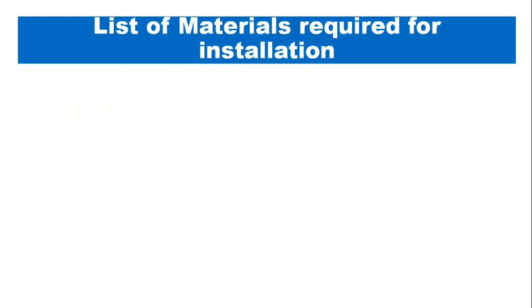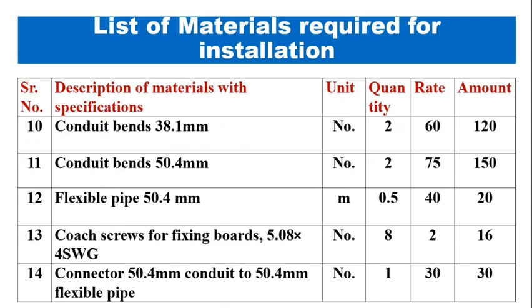Next one is conduit bends. Conduit bends you will require two types, 38.1 mm and 50.4 mm. If you have to move your conduit from vertical to horizontal or horizontal to vertical, you have to bend that conduit. So to join these two conduits you require the bends.